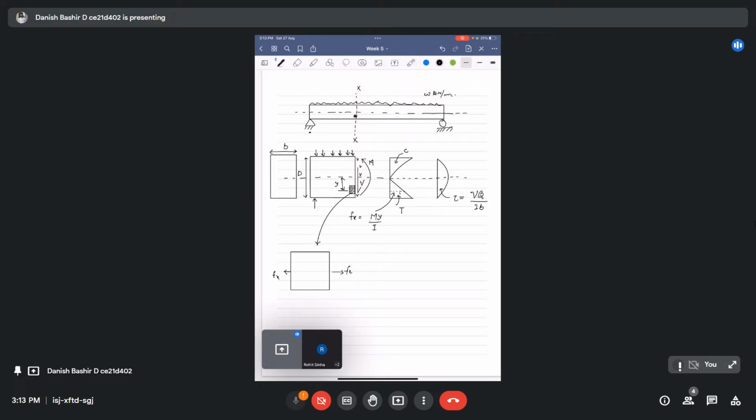Fx is coming like this, and shear is coming along all the planes, like this, like this, like this, and this one. So it's having the planes which have shear stress and the flexural stress as well.